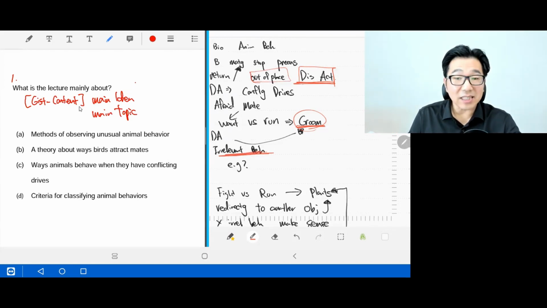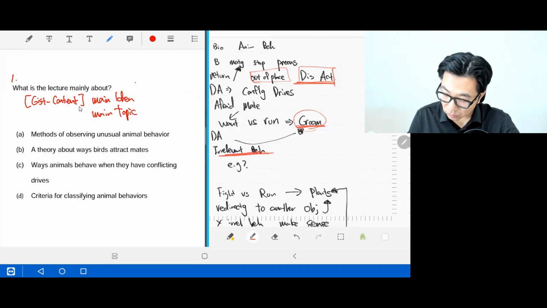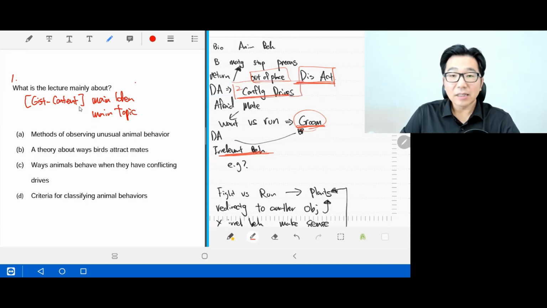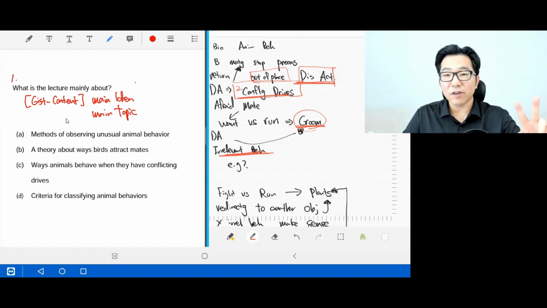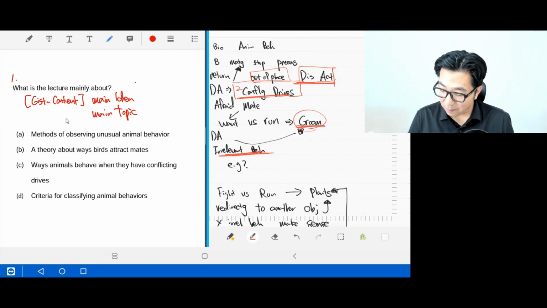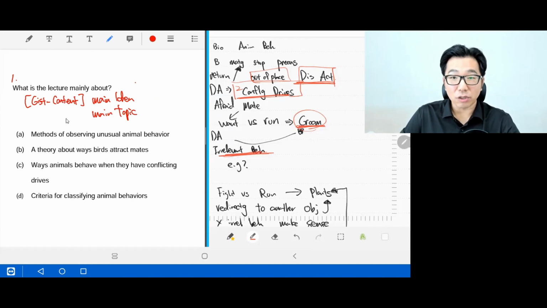And why does this happen? When animals face 2 conflicting drives. All right. So in one sentence, displacement activity is when an animal faces 2 conflicting drives, they end up doing something completely irrelevant to the situation.